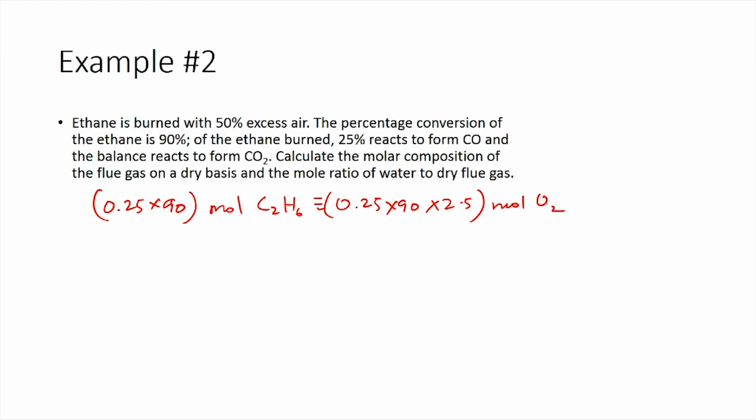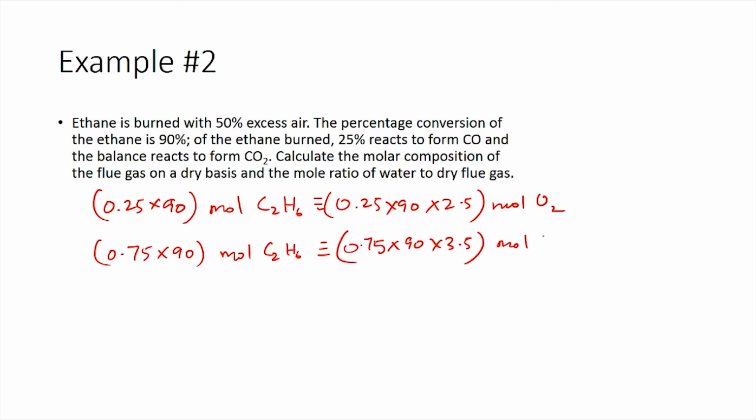In the complete combustion reaction, we have 0.75 times 90 moles of C2H6 taking part, implying 0.75 times 90 times 3.5 moles of oxygen being consumed.